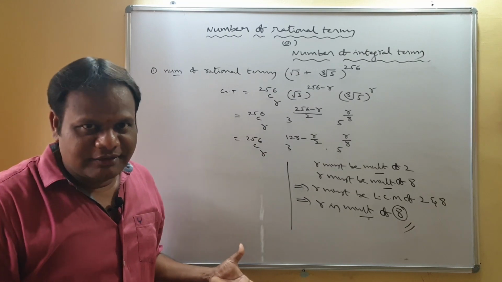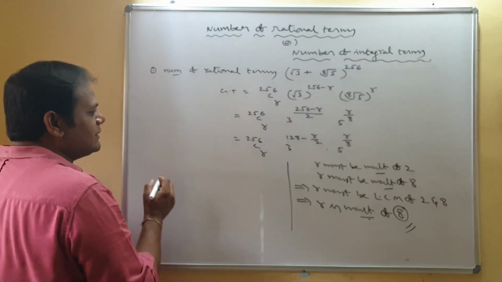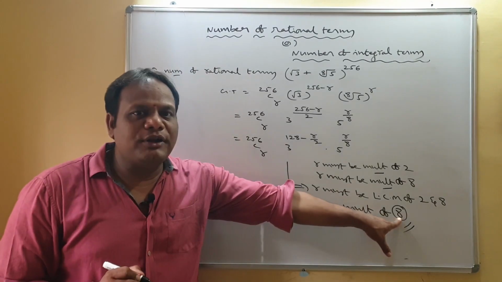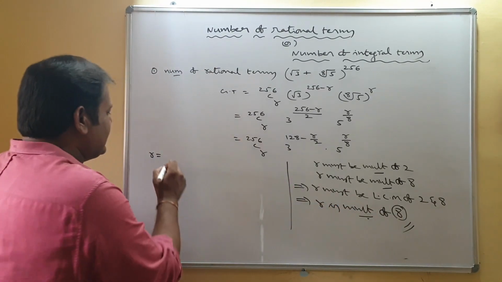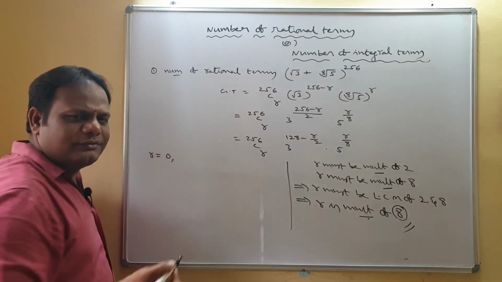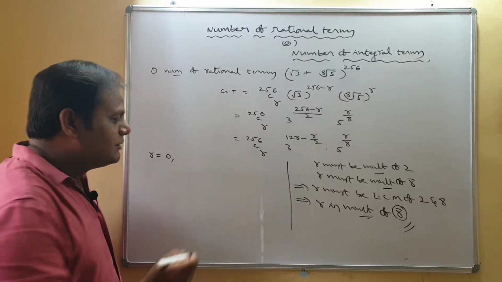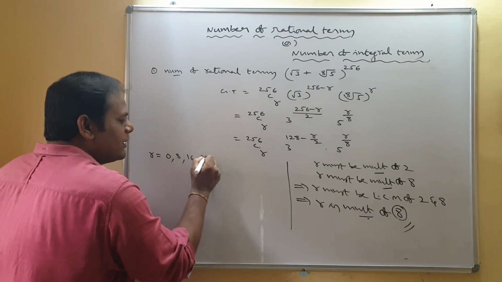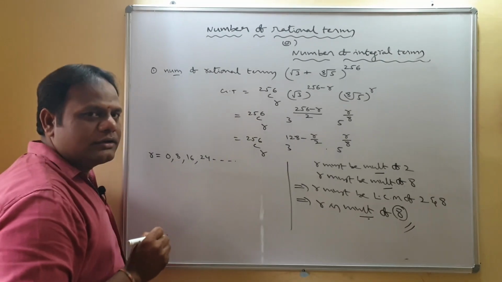How many such R values exist? We have to find it. The required R values: R must be a multiple of 8. Can I take 0? Yes, 8 into 0 is 0. Can I take 8, 16, 24 and so on?